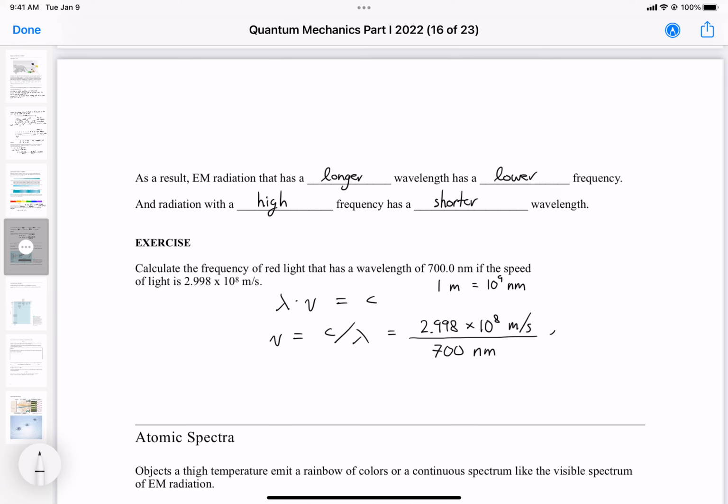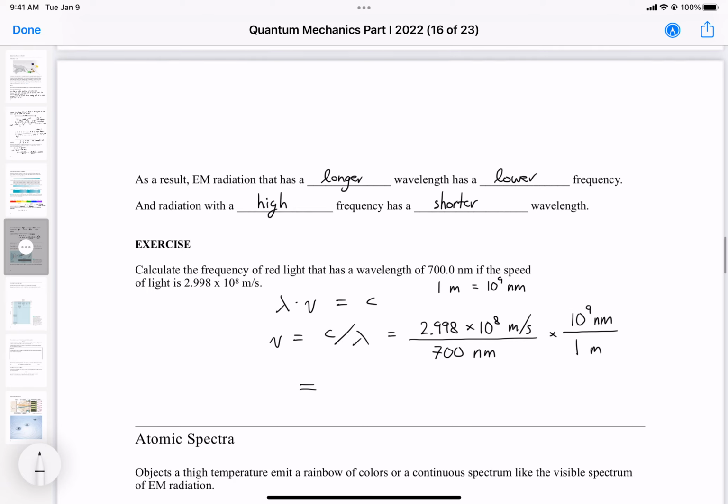So in this case, we can say 1 meter here is equal to 10 to the 9th nanometers. Okay. And then if we solve for this equation here, meters will cancel out, and then nanometers will cancel out, and we're left with inverse seconds.